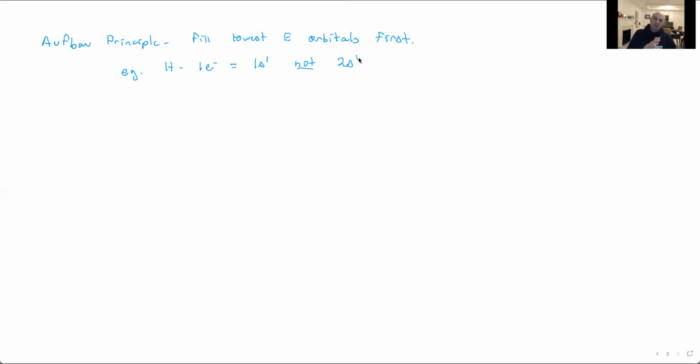When we start to populate bigger atoms, you'll see, hopefully, it'll be a little more apparent. So if you consider carbon, it has 6 electrons, okay? And so if I just go through the orbitals, 1s, and I'm not going to specify their populations.